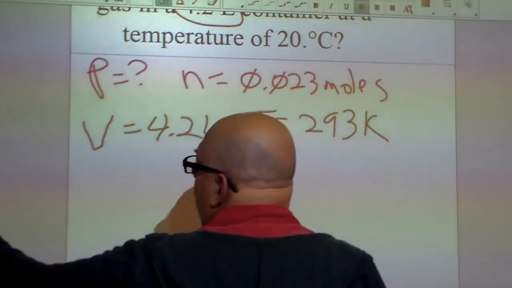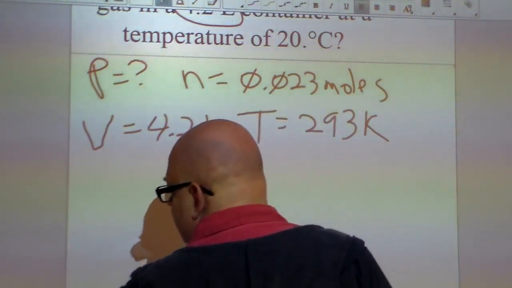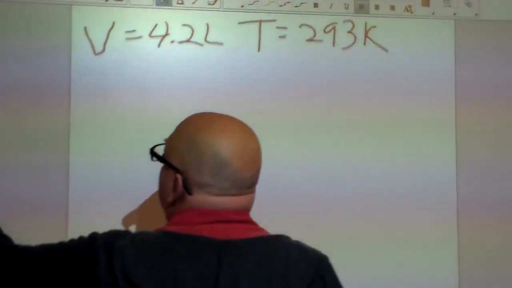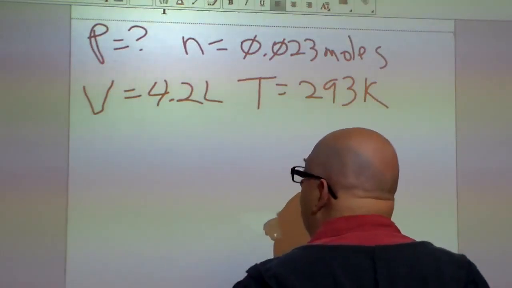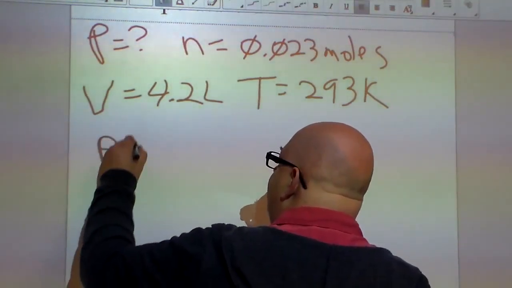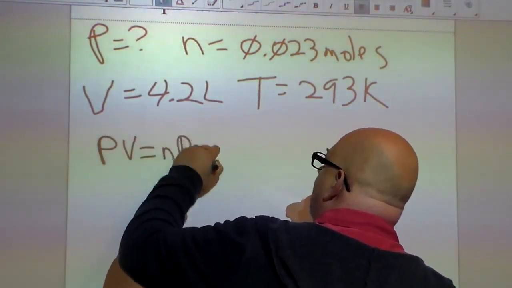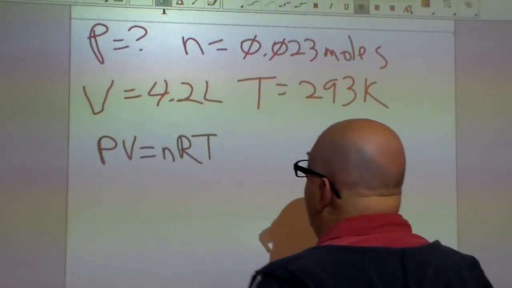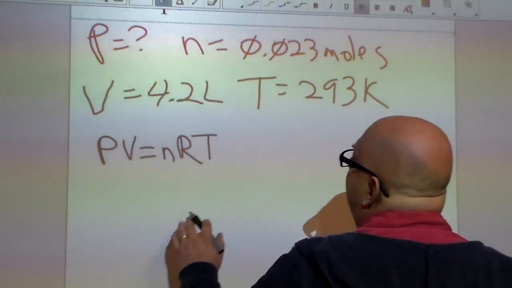Well, the next thing that we're going to do, ladies and gentlemen, is that we are going to solve the problem. We're going to write down our formula, okay? PV equals nRT. Now we're solving for pressure, so we can just plug in everything.